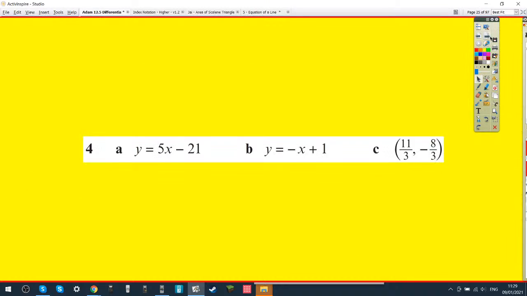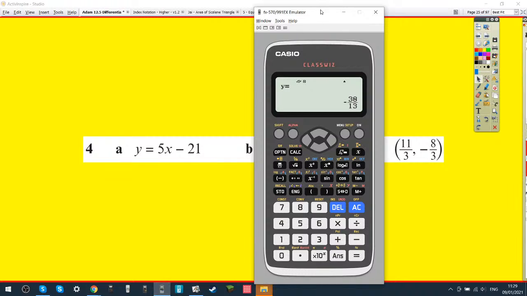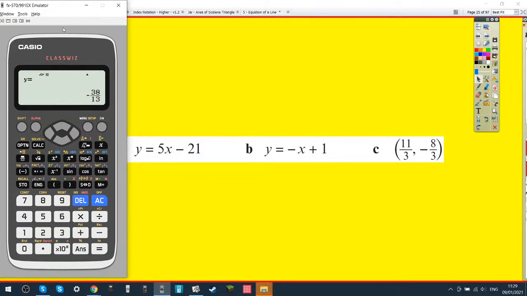Let me just see some. I just want to use their answers for part A and B. So, if I was to use their answers, it would be 5, minus 1 and minus 21. Then for this one, it would be minus 1, minus 1, and minus 1.